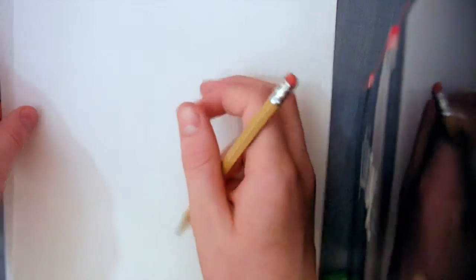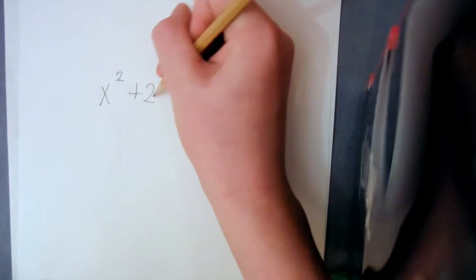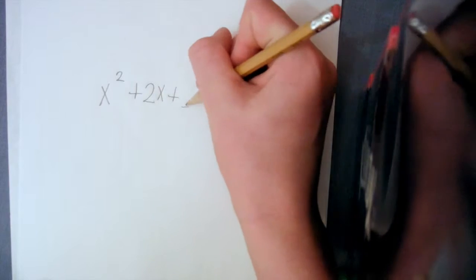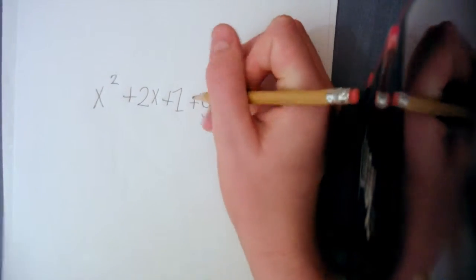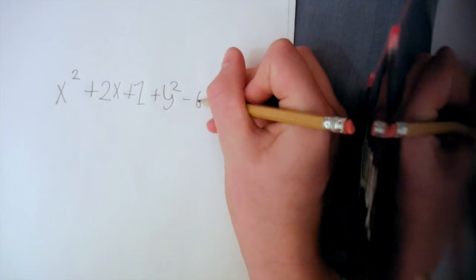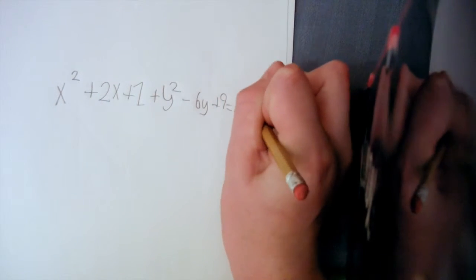So now, if you want to find the center of a circle, or the equation from an unfactored form, you'd start at x squared plus 2x plus 1 plus y squared minus 6y plus 9 equals 25.